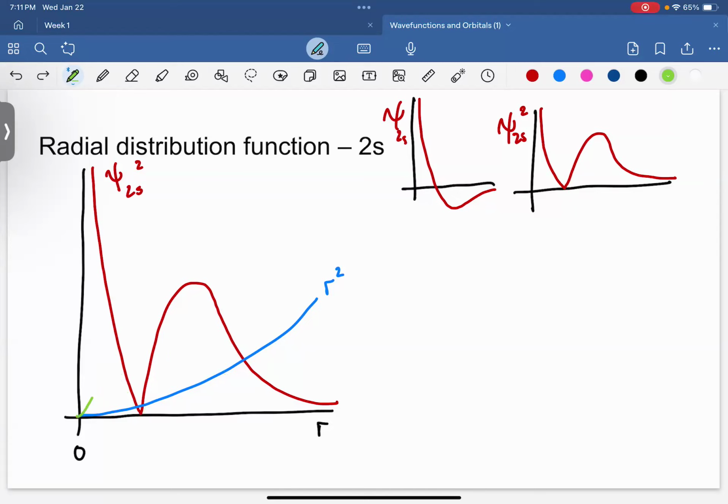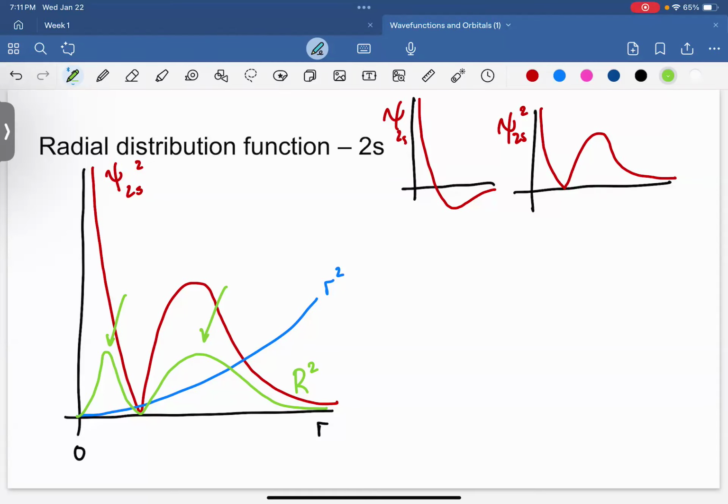Okay, let's draw it a little better. Something like that. You know, these aren't necessarily to scale at all relative to each other, but the qualitative picture is what we're looking for, which is interesting because what this says is there are multiple maxima to this function.